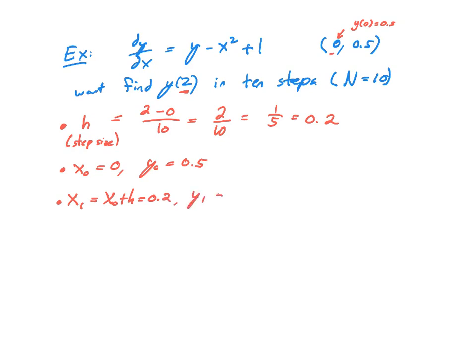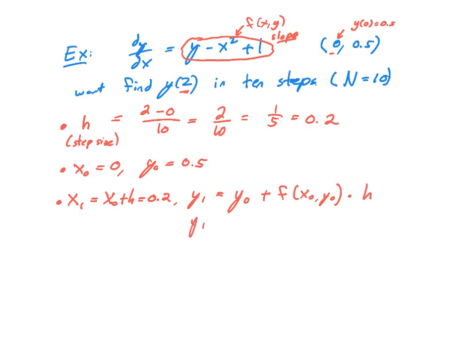Our y sub 1 is going to be equal to, now I forgot to label this, but remember when I refer to f of x, y, I'm referring to this right here. This is my f of x comma y, and that's nothing more than our slope. So that's going to be equal to our y sub naught plus f of x naught comma y naught, that's our slope, times our step size h.